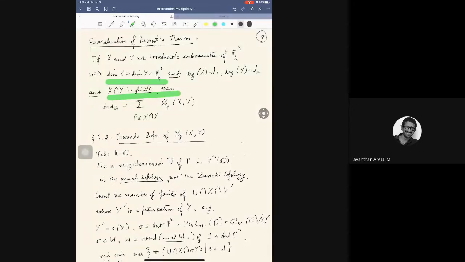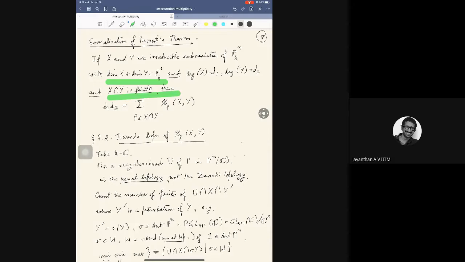One has to add it, of course, that they don't have common components. Then one would expect that X and Y would meet in exactly D1 times D2 points. This is not going to be true, since it was not true already in the case of curves in the plane, but it would be true if you replaced Y by a general perturbation of Y.